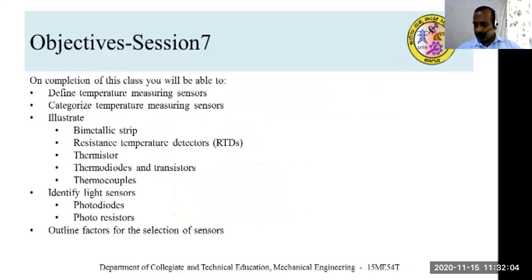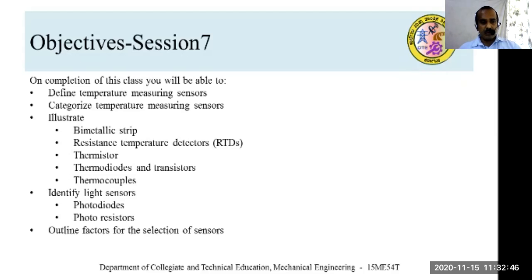In the current session, we are going to discuss what is temperature, what are the various categories of temperature measuring sensors, the construction, working, and applications of bimetallic strip, resistance temperature detectors, thermistors, thermodiodes and transistors, thermocouples, working of light sensors like photodiodes and photoresistors.